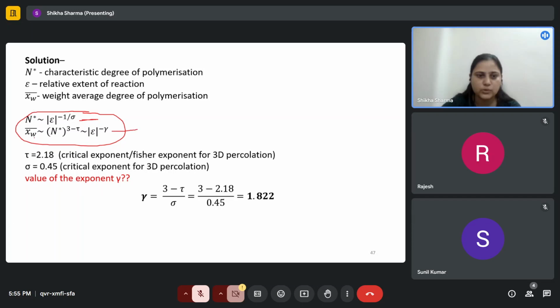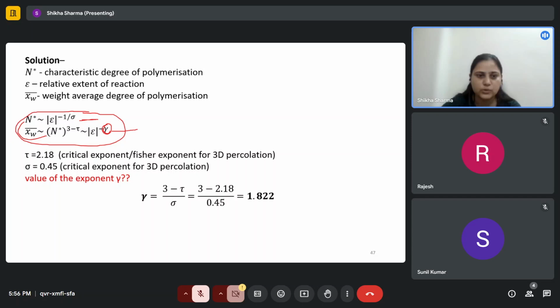The second equation is that the weight average degree of polymerization is approximately equal to the characteristic degree of polymerization to the power 3 minus tau, where tau is the Fisher exponent for 3D percolation, which is approximately equal to the relative extent of reaction to the power gamma. This gamma we need to find, right?